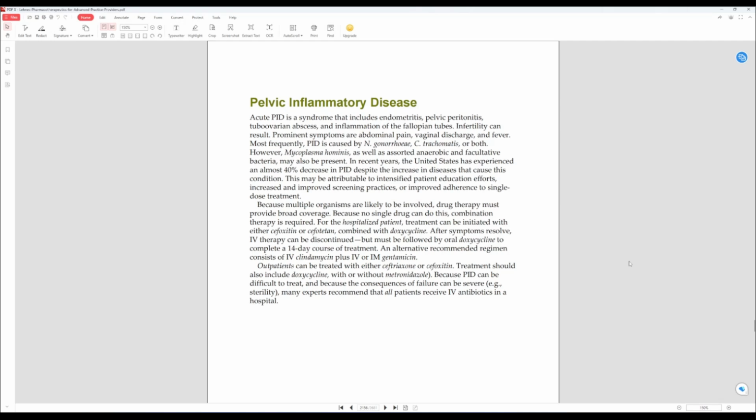In the outpatient setting, it can be treated with either ceftriaxone or cefoxitin. Treatment again also needs to include doxycycline, with or without Flagyl. Because PID can be difficult to treat and because the consequences of failure can be severe, many experts recommend that all patients receive IV antibiotics in the hospital.